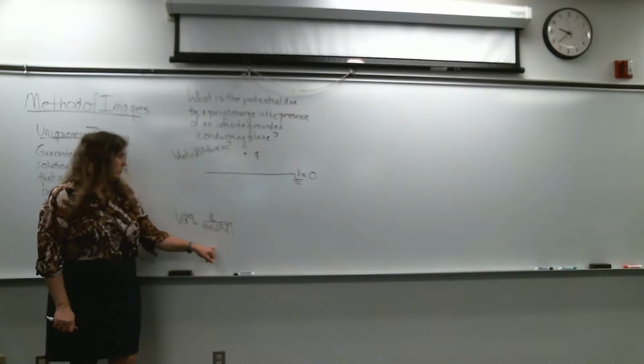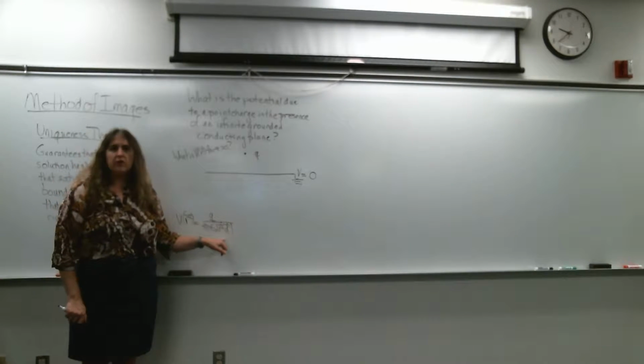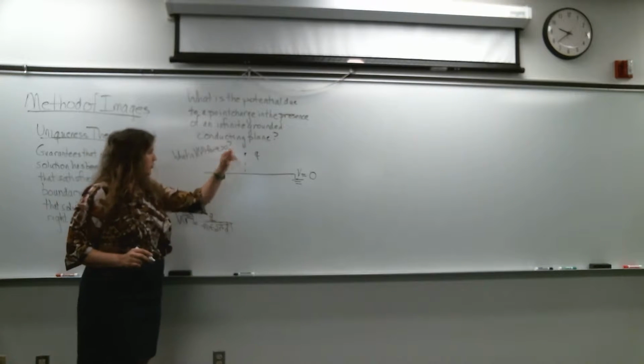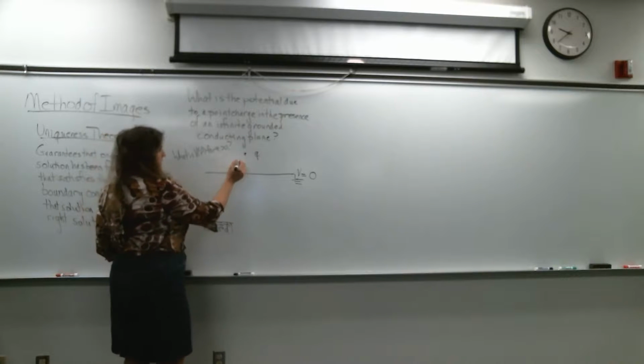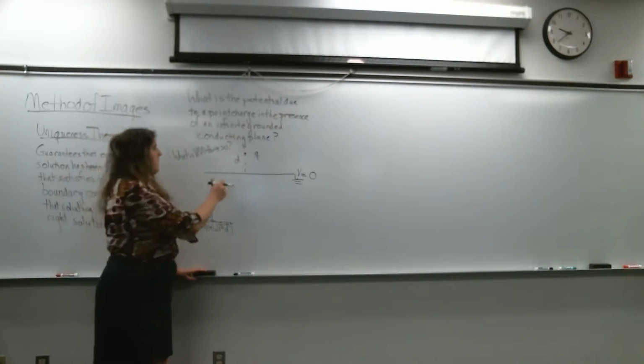The potential due to this point charge is q over 4 pi epsilon naught times the magnitude of the separation vector, r minus d. So I'm going to place my charge q at distance d above the conducting plane, and we'll call this the z-axis.